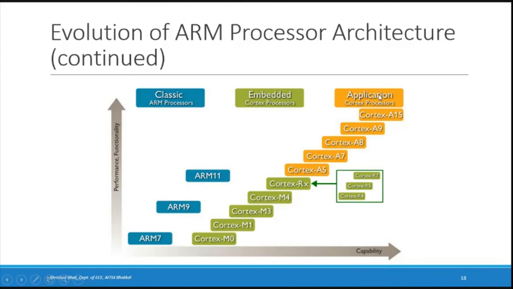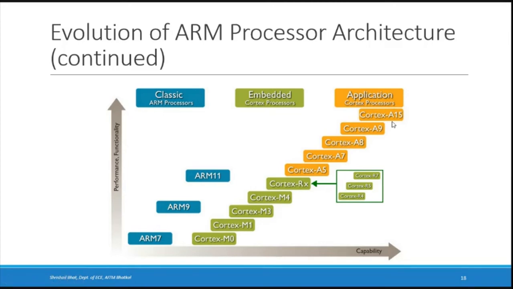You can see the application series or application profile has the highest capability and highest performance or functionality, in this orange color: Cortex A5, A7, A8, A9, A15. If you search for what processor is used in your mobile phones, it will be one of these.